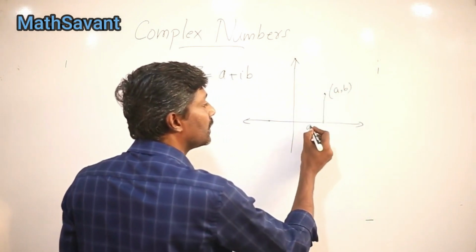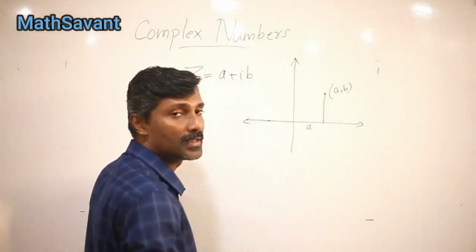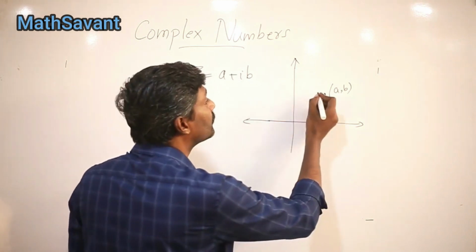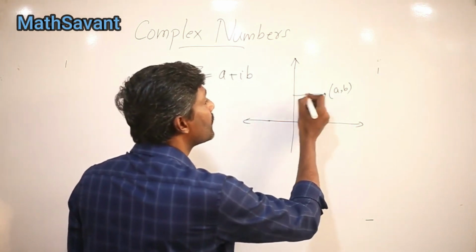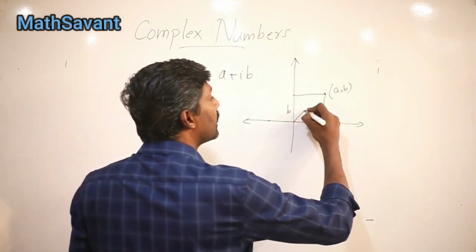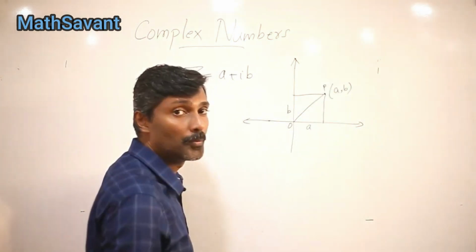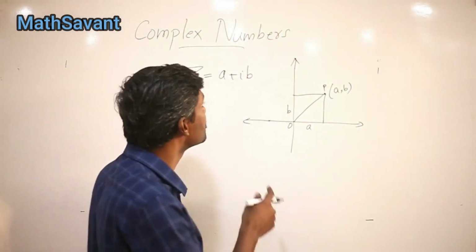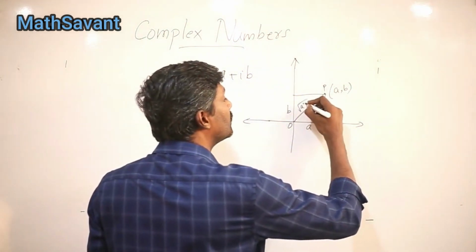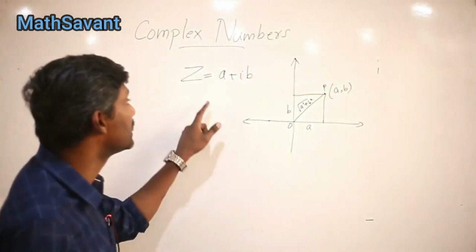So this length along the real axis, the x-axis, is A, and this length along the y-axis, the imaginary axis, is the imaginary part, B. So this is B. And we know that this length from the origin to this point P, OP, that length is the modulus of this complex number, which is nothing but root of A square plus B square.